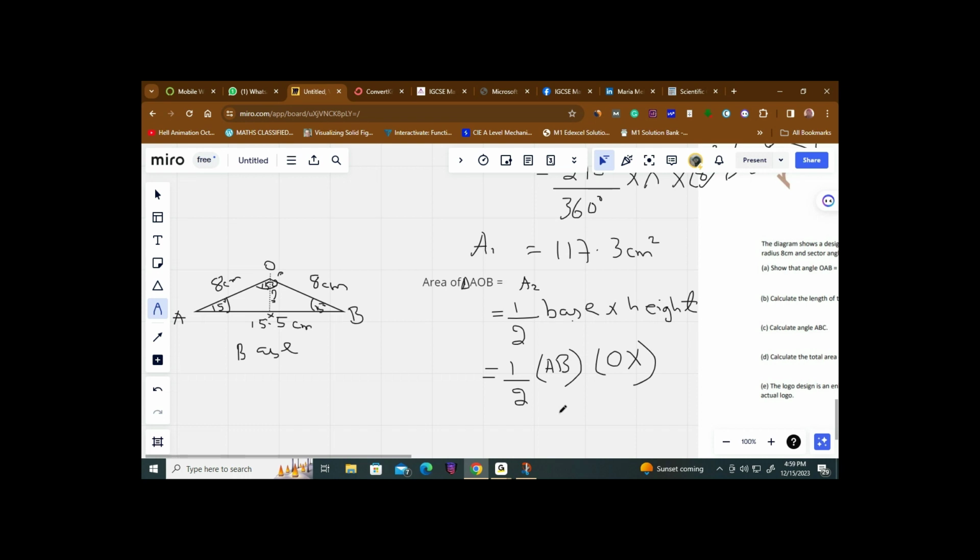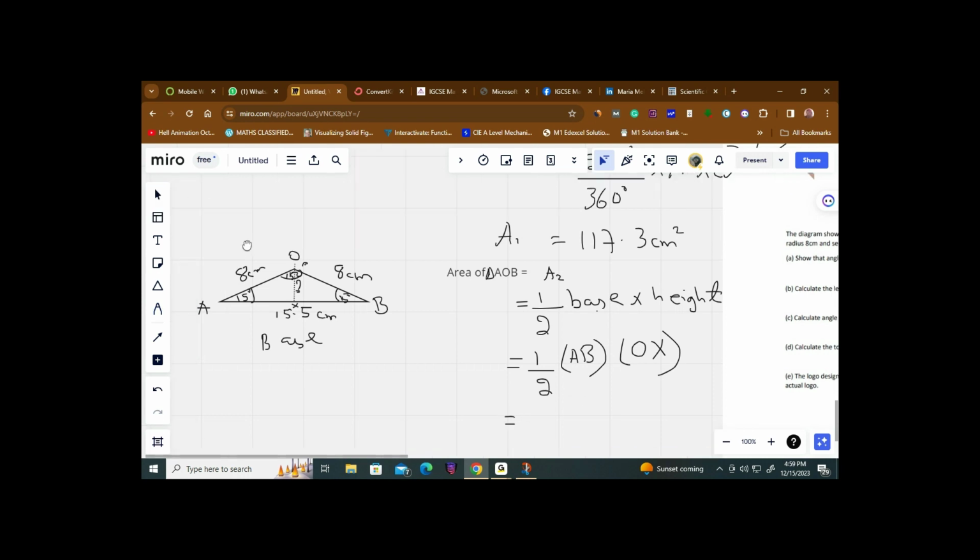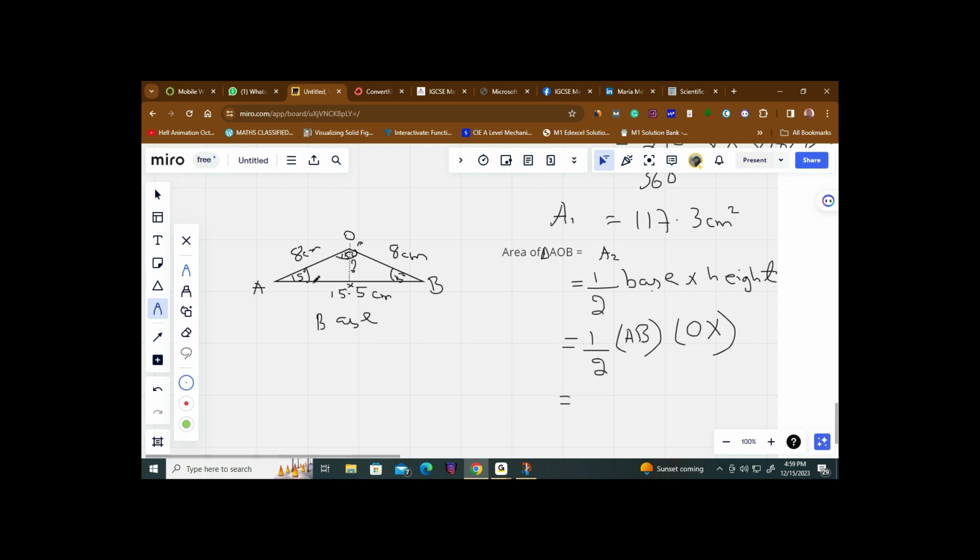Clear? You have just split up this isosceles triangle with the help of this dotted line, and now it is divided into two right triangles. So OXA is a right triangle now.